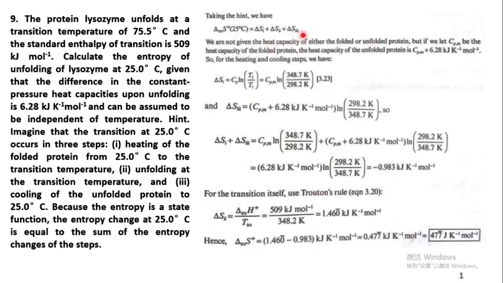So from the three different small processes, this is the entropy change in the first process, and also for the third small process, and this is the entropy change in the second small process, the unfolding process of this enzyme. So we have the total delta S in this process equals this one.